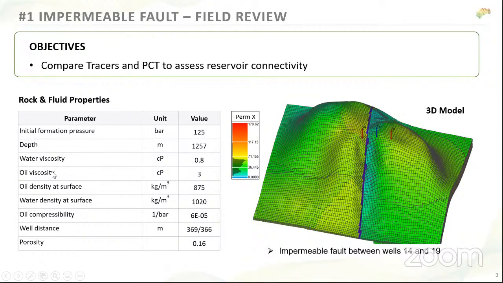The oil is 8 times more viscous than water, with standard reservoir pressure for depths of 1,100 to 1,200 meters. The distance between the wells was a little less than 400 meters, and permeability is around 70 millidarcy on average.